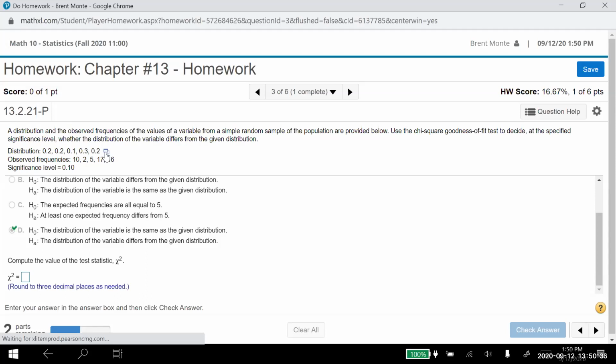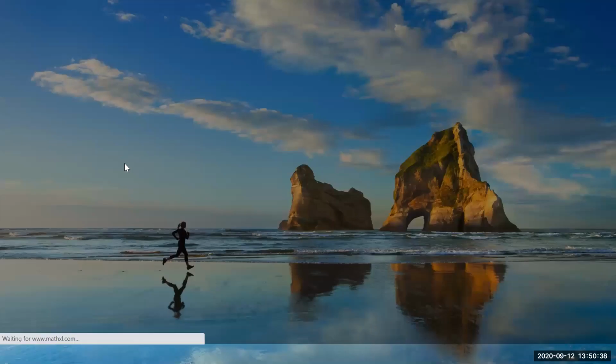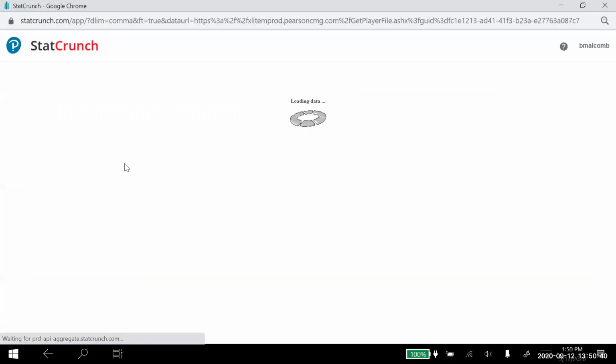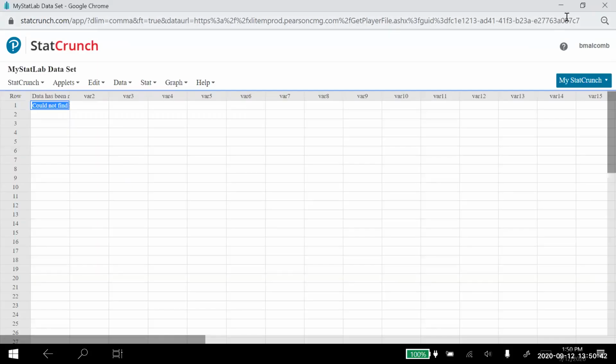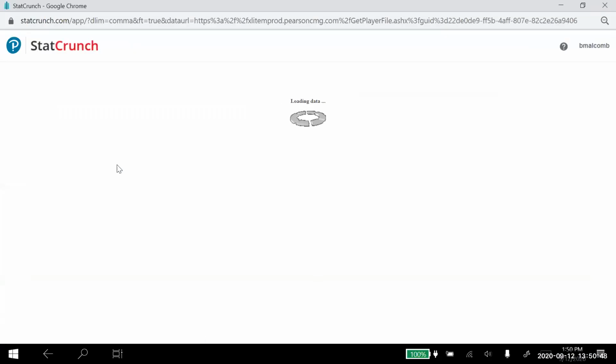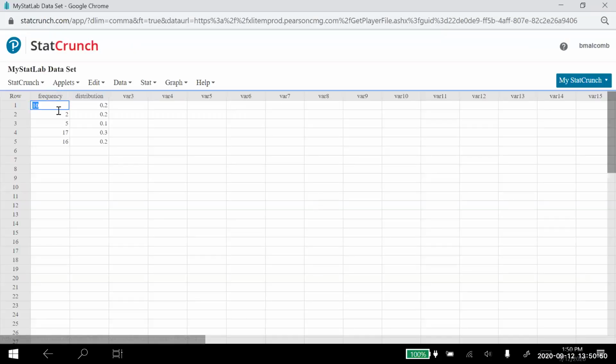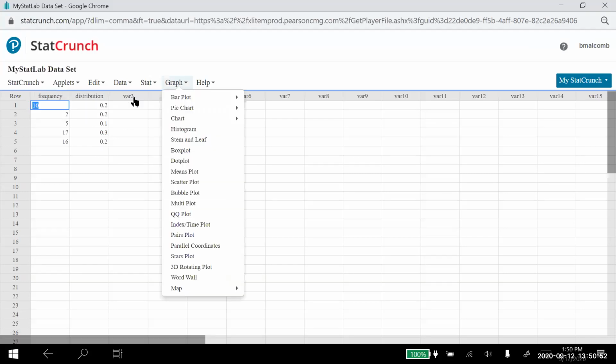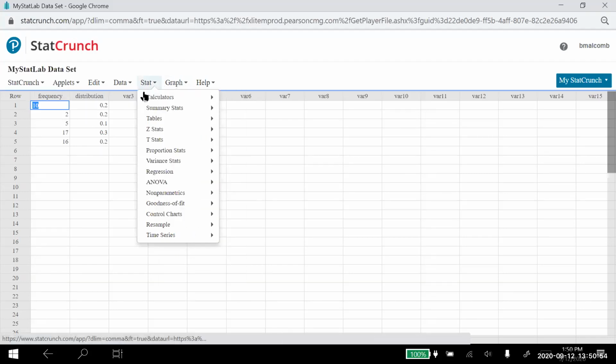So let's open this up in StatCrunch. We'll get all our data in there. Could not find data. Let's try that again. Okay, so there's our frequency, there's our distribution. So what we do is we go into Stat all the way down to Goodness of fit, and we're doing the chi-squared test.